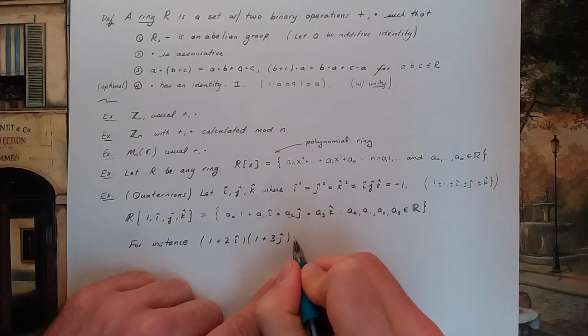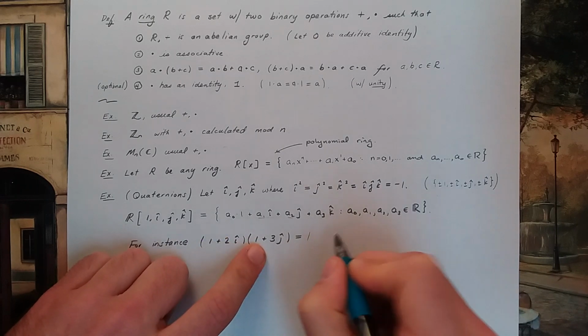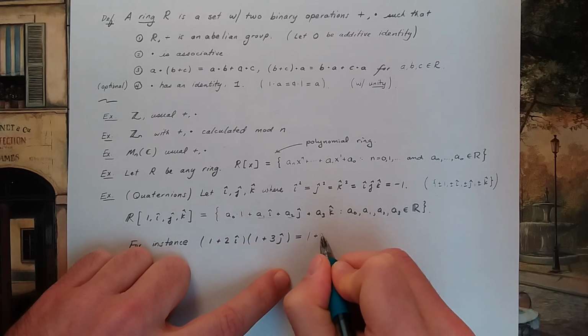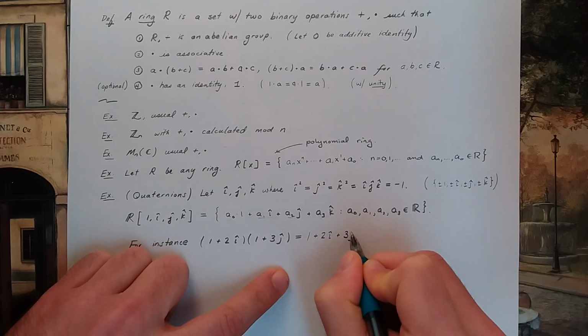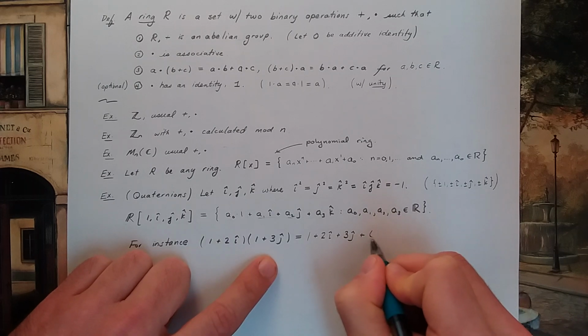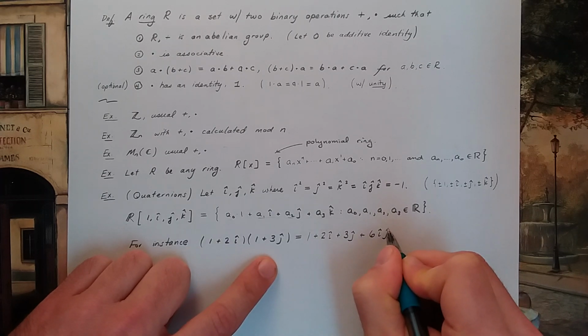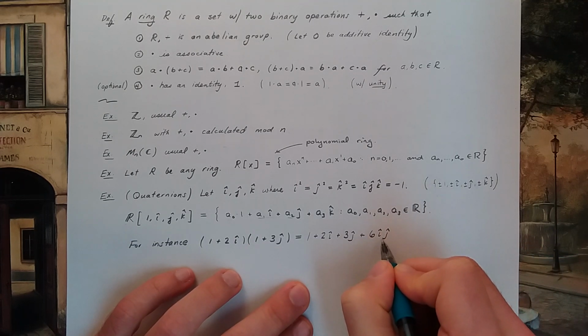So you'd multiply the way you multiply polynomials usually. I'd get 1 plus 2i hat plus 3j hat. And then I think I'd get 6 i hat j hat. What is i hat j hat?